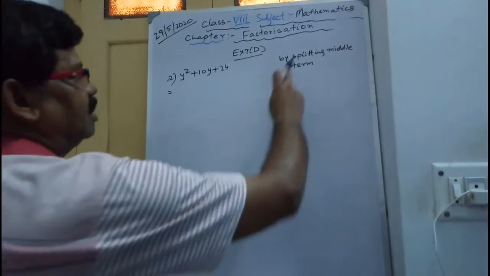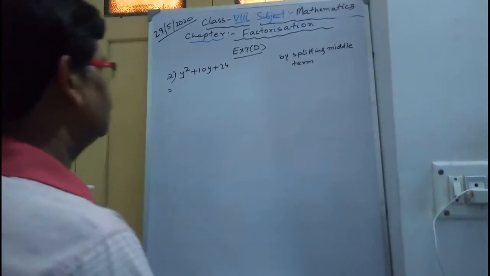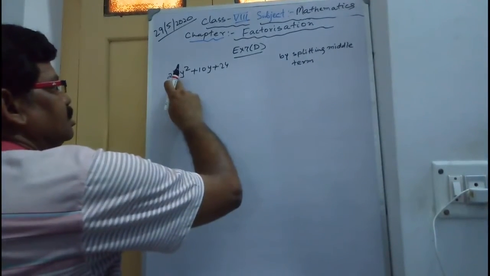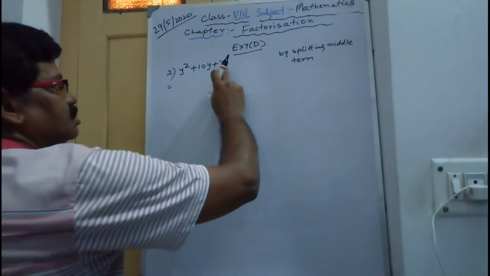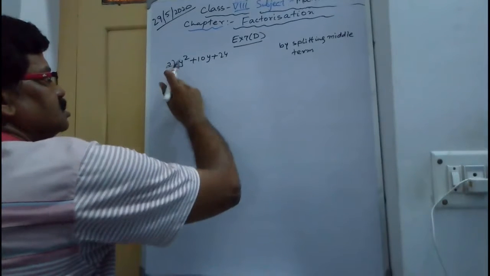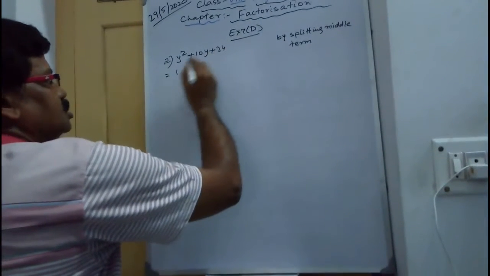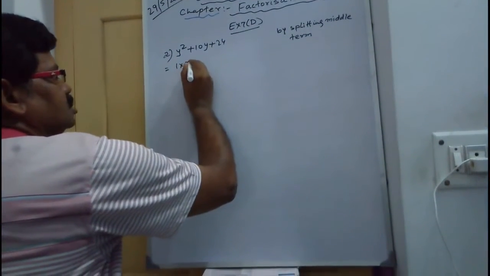So by splitting the middle term, first multiply the coefficient of the first term with the third one. Here is 1 and here is 24. Multiply these two numbers.